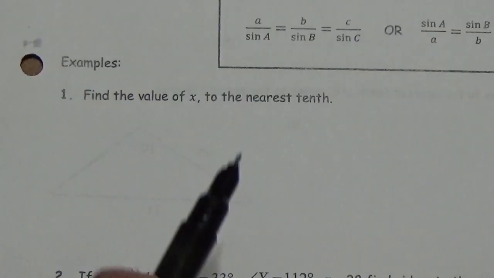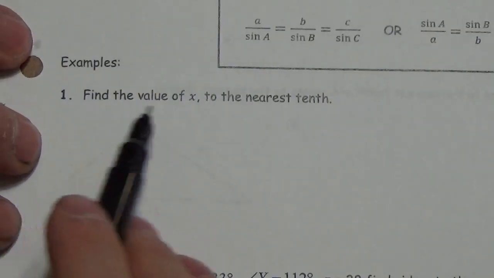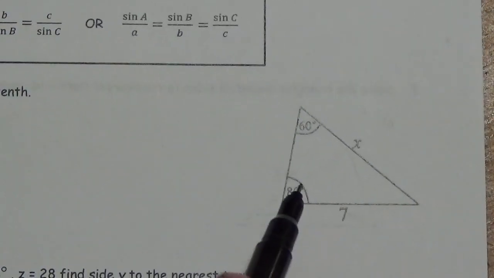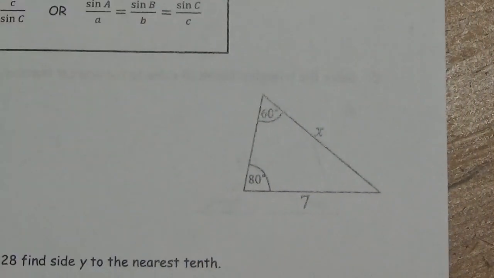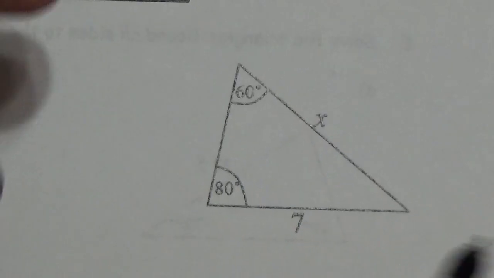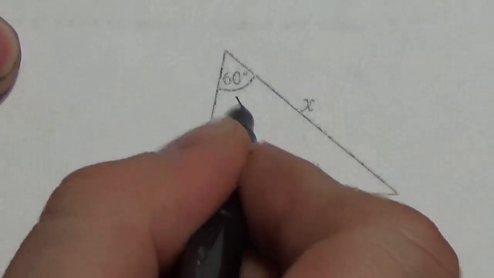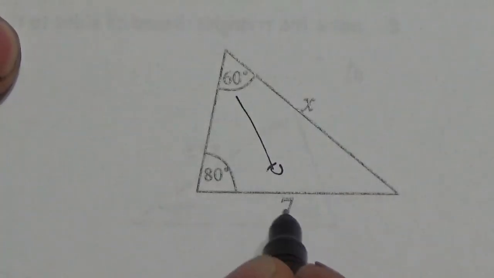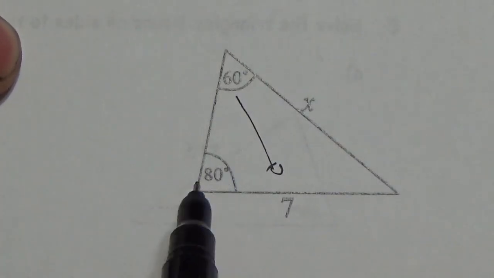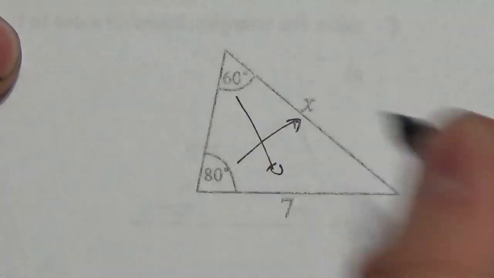Okay, so here for our first question, we read: find the value of x to the nearest tenth. I've got to bring the triangle over here. Here we go. So here's 60 degrees, and the length of the side opposite that is 7. And here I've got 80 degrees, and I'm looking for the length of the side opposite that.